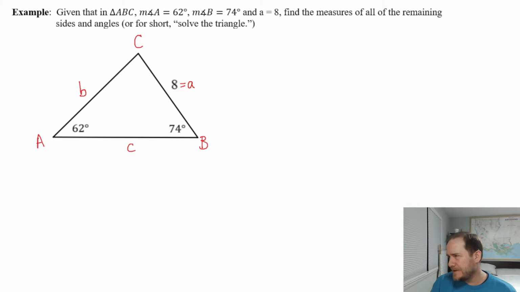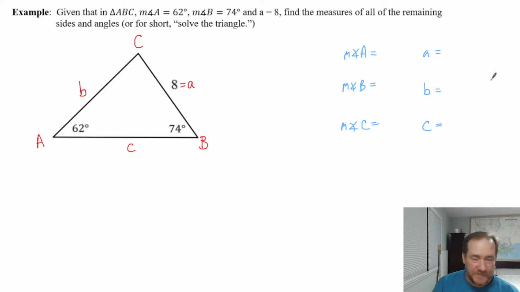So we can see that to solve a triangle means to find the measure of angle A, the measure of angle B, the measure of angle C, the length of side a, the length of side b, and the length of side c. So these are all the things I need. Now, you're always going to be given 3 of these things, so really all you have to do is find the other 3.